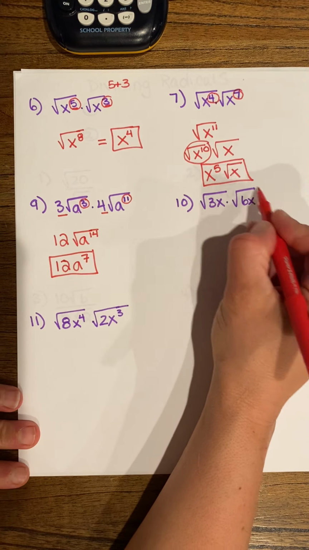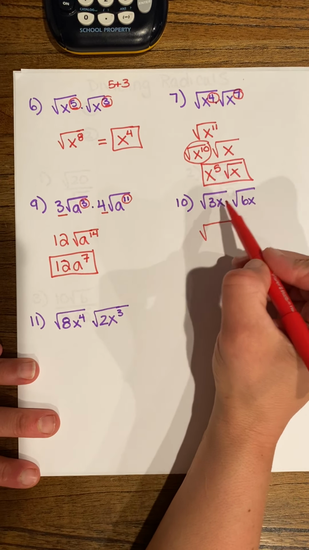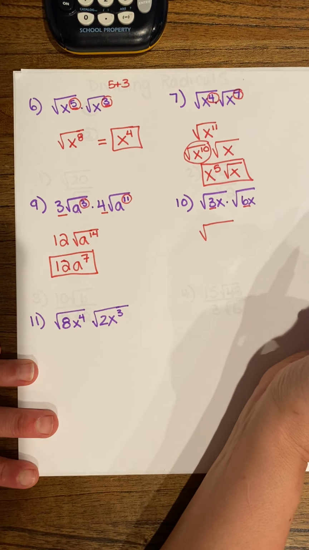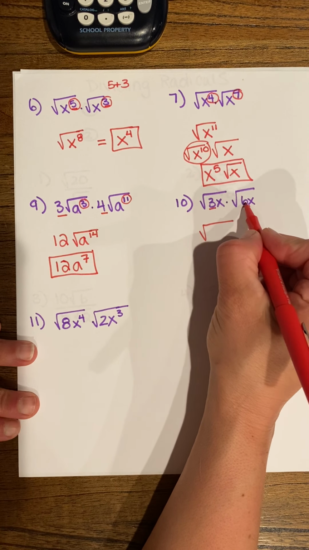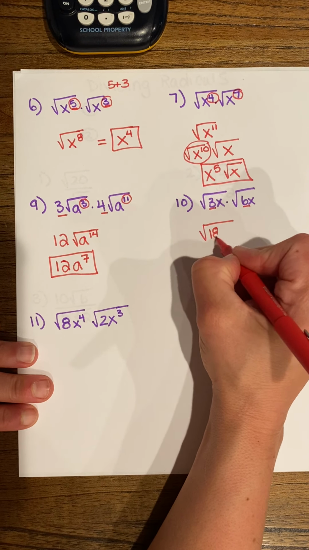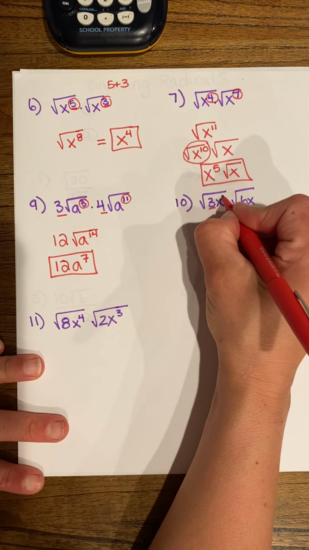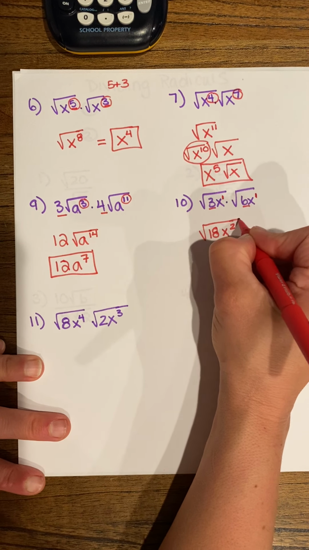Here, again, you'll notice I have nothing on the outside. So when I multiply, I'm going to get one big rad. I do have some numbers in front, but they're still in the rad, so I'm going to multiply them. 3 times 6 is 18. It stays in the rad because they're in the rad to begin with. X times x, remember this is x to the 1 times x to the 1, gives me x to the 2.